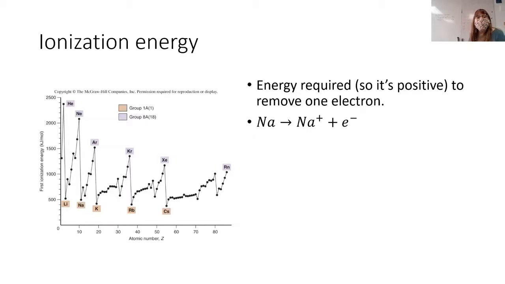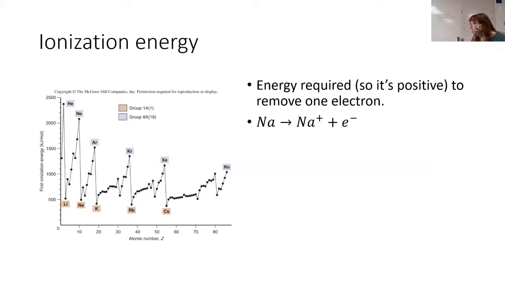Okay. So ionization energy, remember, is the energy required to remove an electron from a neutral atom, technically in its gas phase. When we say it's required, that means we have to put energy into the system in order to remove the electron. The electron is negative, the nucleus is positive, and we're pulling that away.